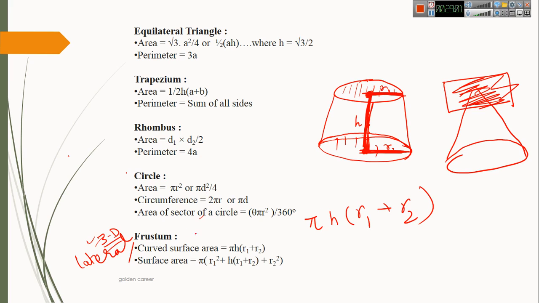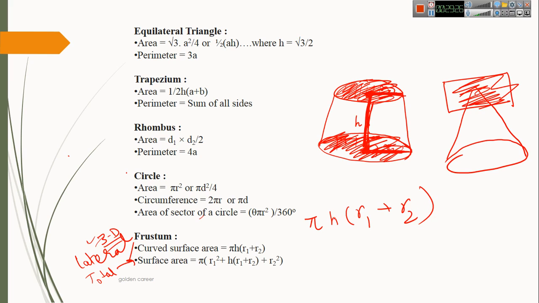Then we have another type of surface area, which is total surface area. In total surface area, we also add the areas covered by the top and the bottom. So for total surface area, we add the areas of these circular top and bottom to the lateral surface area.